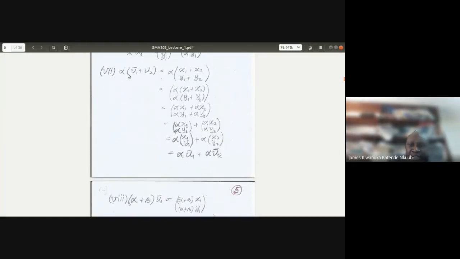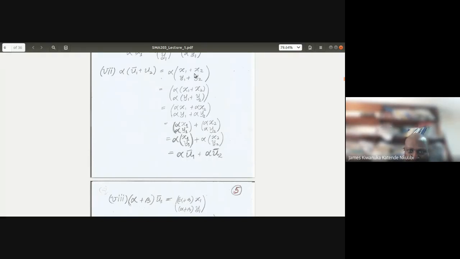So the next one again simply checks that if you multiply the sum of two vectors by a number, where alpha is a number, u1 is a vector, and u2 is another vector, then alpha by (u1 plus u2) turns out to be equal to alpha by u1 plus alpha by u2.